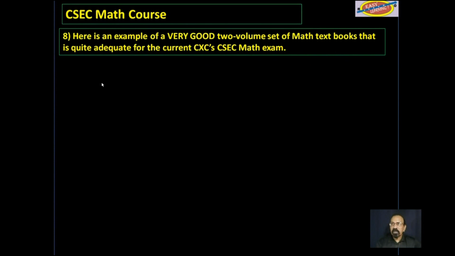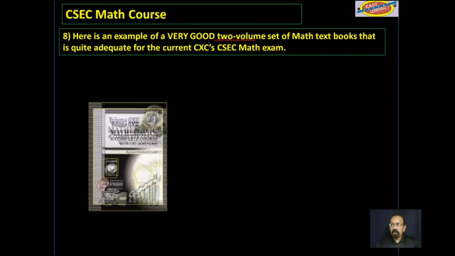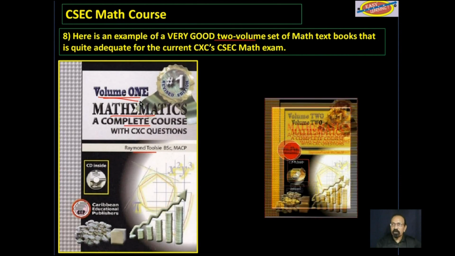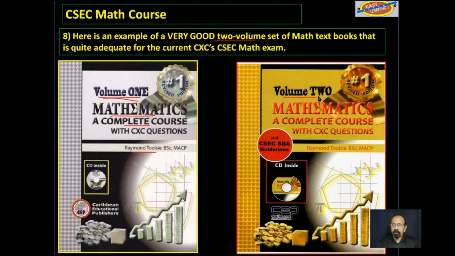Remember also that you need to get some math textbooks. One of the set recommended by CSEC is Volume 1, Mathematics, a Complete Course by Raymond Tulsi. That would be Volume 1. It comes in 2 volumes. Volume 2.